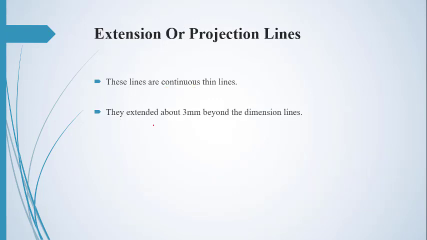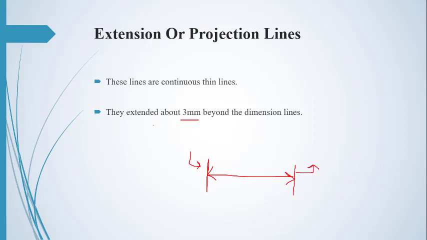Sorry, these are the extension lines. Extension or projection lines are continuous thin lines, and they extend about 3 millimeter beyond the dimension lines. Here I am going to draw the dimension line. This is a dimension line, and this one and the other line that I have drawn here are the extension lines.